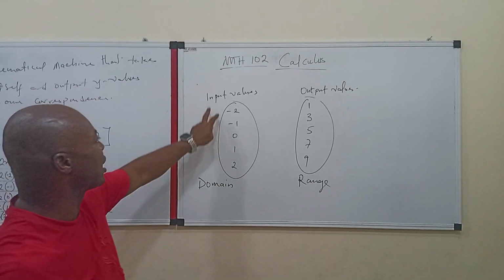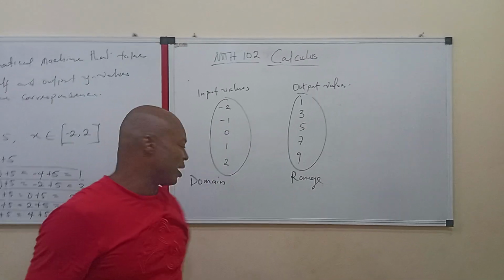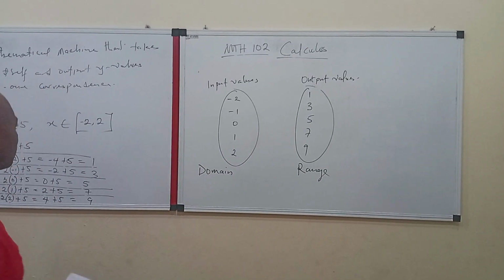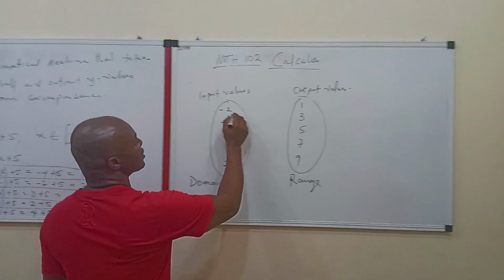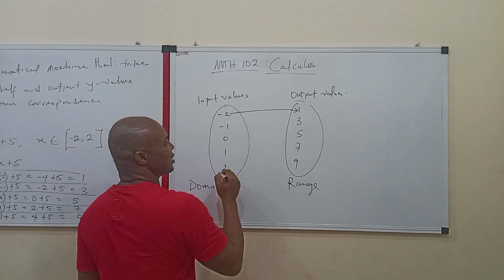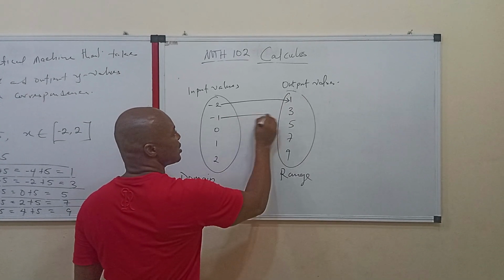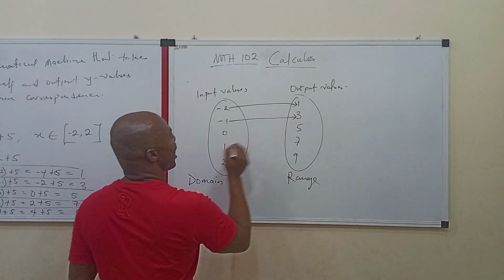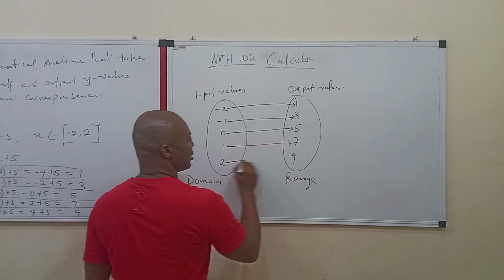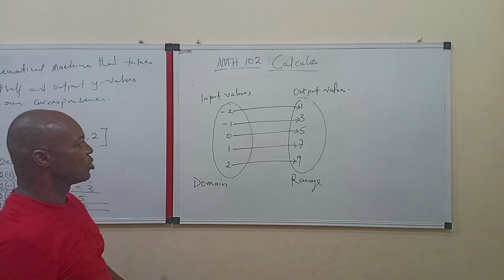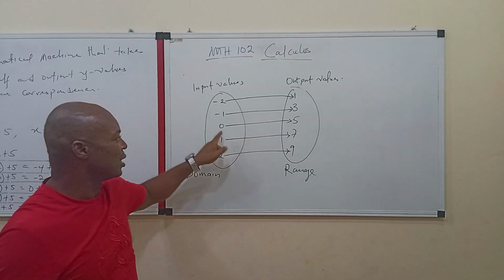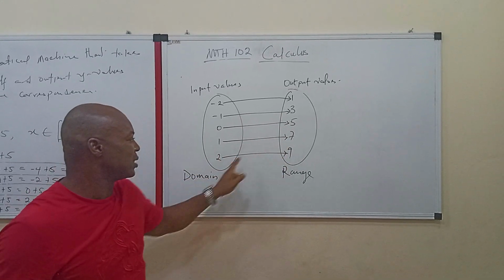After that, we will not be talking about input values and output values. Rather, we will be using the terms the domain of the function and the range of the function. Based on what you can see, after inputting this into the machine, it gave birth to this. So you can say this one maps to this, this one maps to this, and so on.